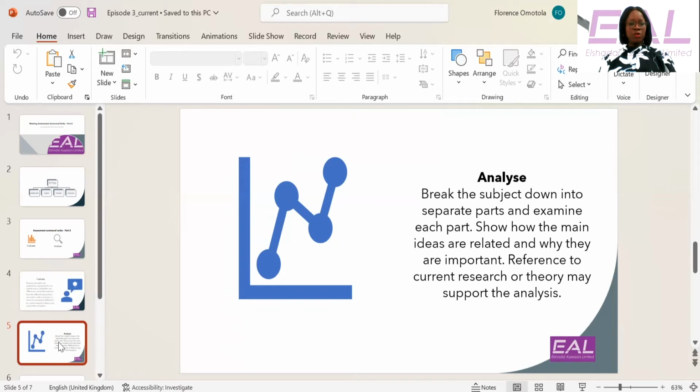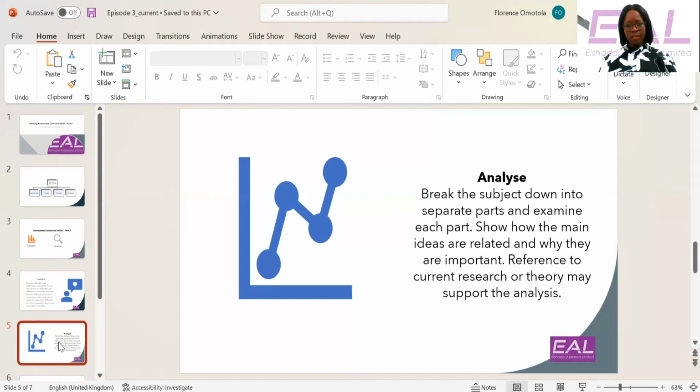Unlike evaluation, when you're evaluating, what you see as a weakness of that legislation may not be what another person sees. However, there is no right or wrong answer. All we're looking to see is your ability to understand the command verb, evaluate, and produce a sufficient answer at the level you're being assessed.